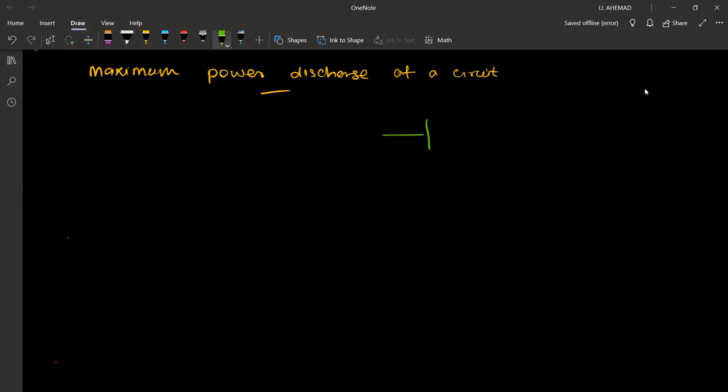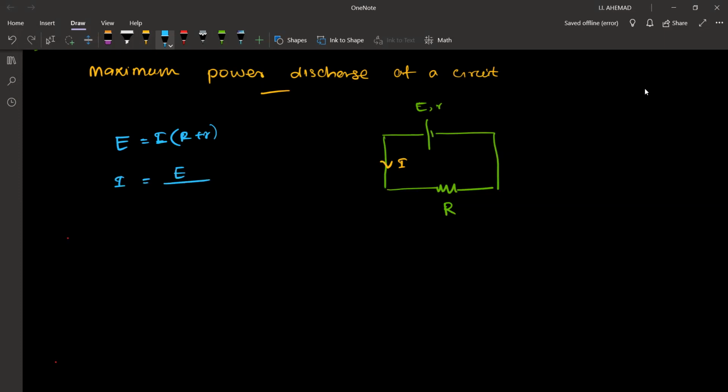We have a battery with EMF E and internal resistance small r, which is connected to a circuit of resistance capital R. The current in this circuit is I. So let's get a relationship for I. E is equal to I into R plus r. So I is equal to E over R plus r.